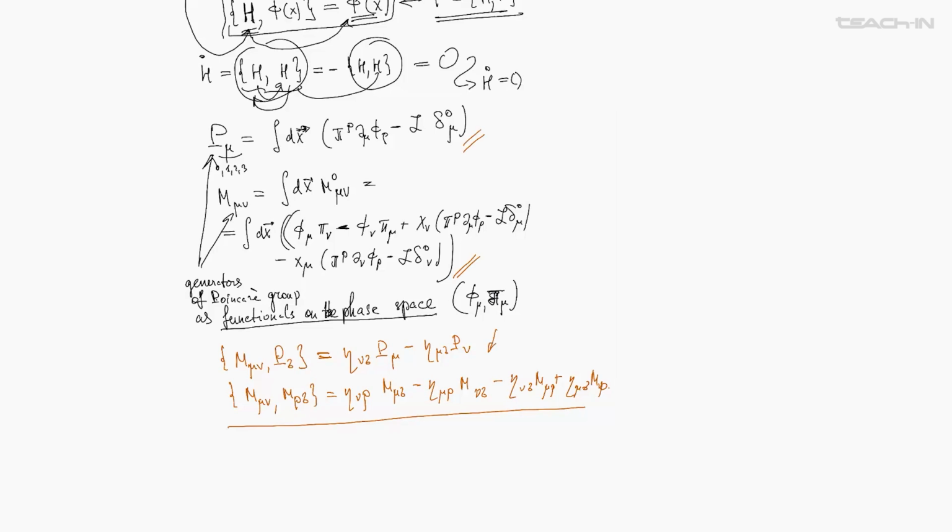So in quantum theory, what happens is that these Poisson brackets will be replaced by commutators, and then you will really get the relations between Poincaré generators as operators, and then these will be relations of the Lie algebra of the Poincaré group.